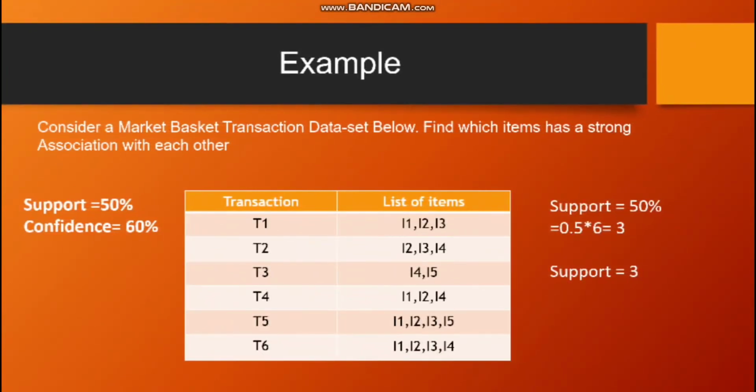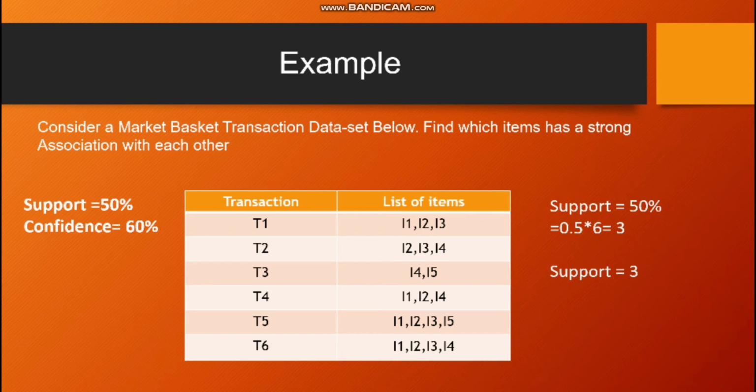In this example we need to find association rules of items. This is a market basket transaction data set. It contains 6 transactions, T1, T2, T3 up to T6, and it has a total of 5 items: I1, I2, I3, I4, I5. Here support is equal to 50% and confidence is equal to 60%.